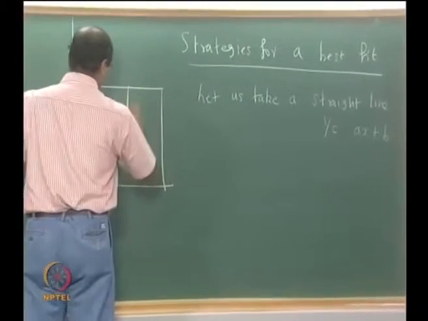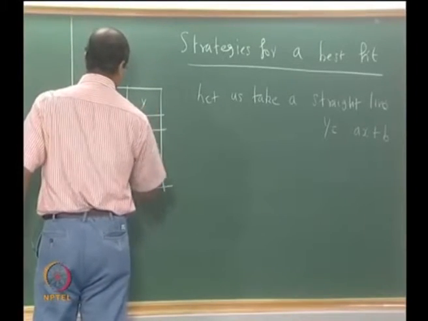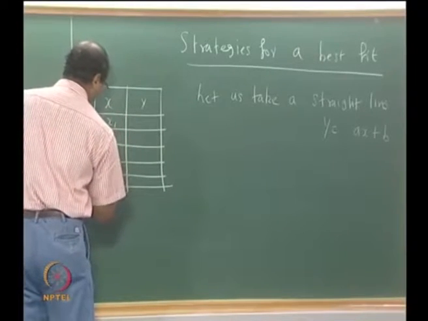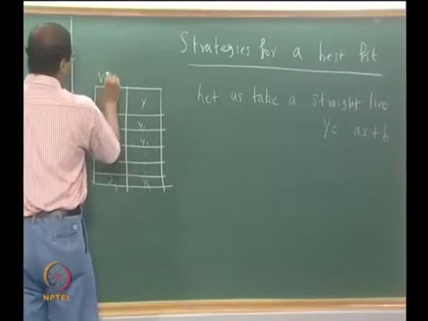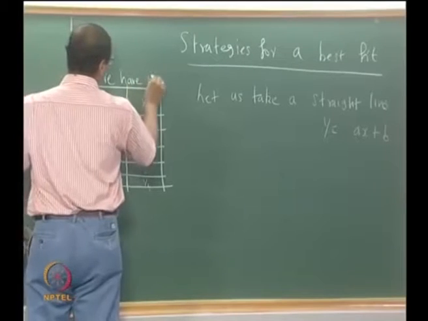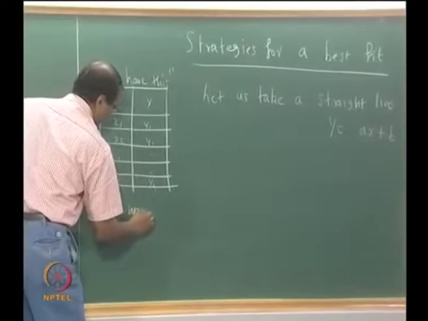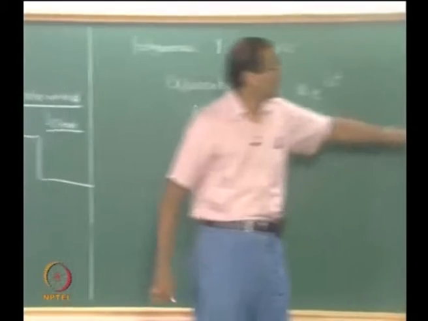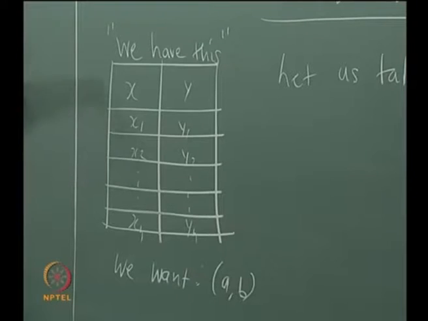Please remember, we have this, we want A and B. How do you get this? You either do your Fluent computations, or you write your own program, or you do experiments in the laboratory.